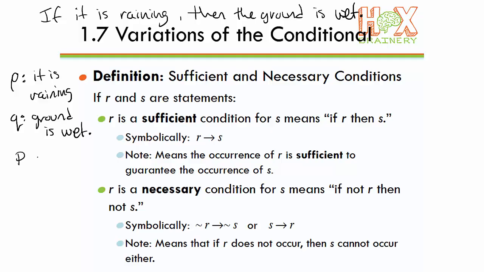So let's put down that P is a sufficient condition for Q in this mini example. And then the ground being wet, Q, is a necessary condition for it having rained. So Q is a necessary condition for P. If it rained, then the ground must be wet, assuming no other context in this example.